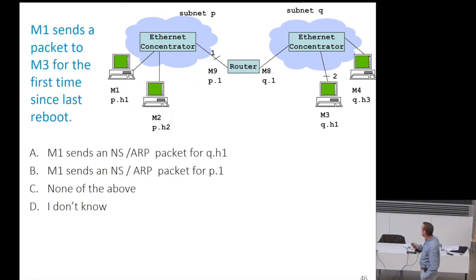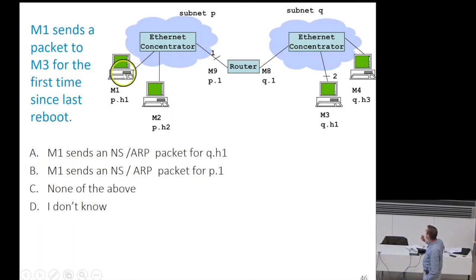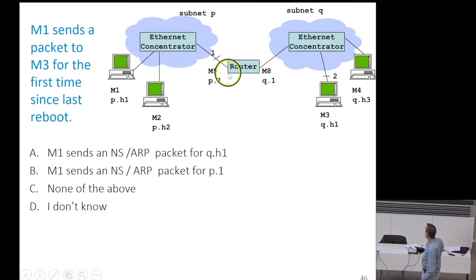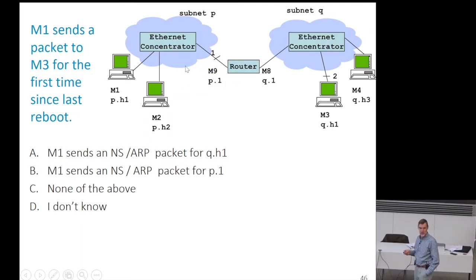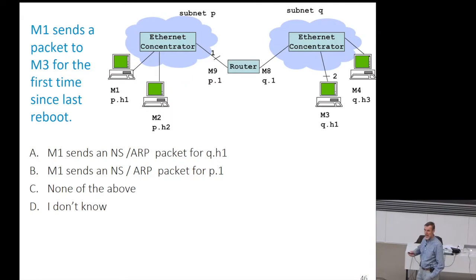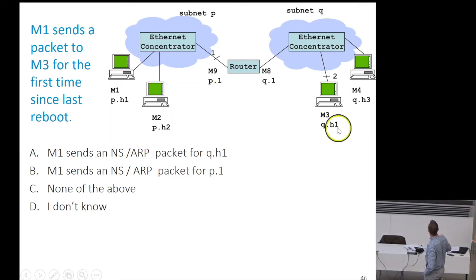So M1 knows, that's the IP algorithm: anything that I am sending that is not in this LAN, I must send to this address, P.1. So M1 sends the packet using the LAN to P.1. Of course, the destination IP address is Q.1. But the MAC address that we will see in the packet is M9.